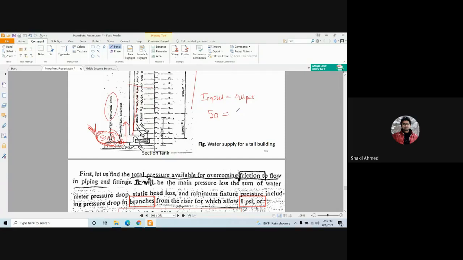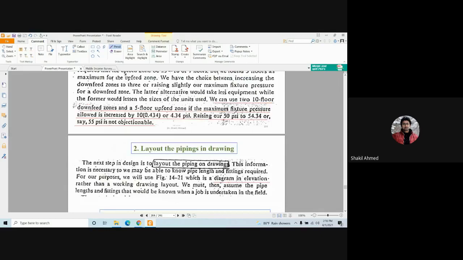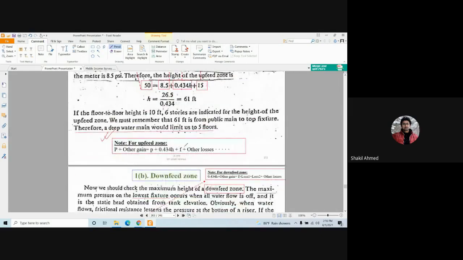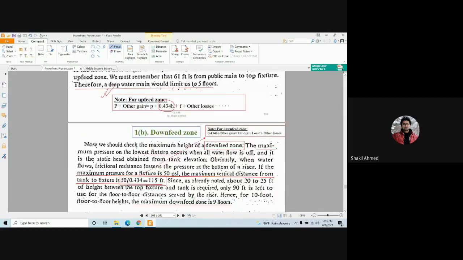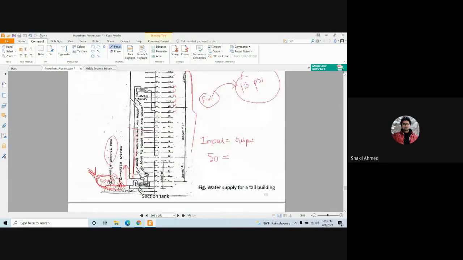So that is basically 0.434 into h. What does that mean? If you lift it for h feet, how much energy will you lose? As I told you, 0.434 into h. For 1 foot, 0.434. For h feet, 0.434 into h. Clear?